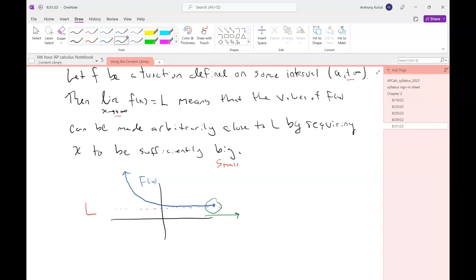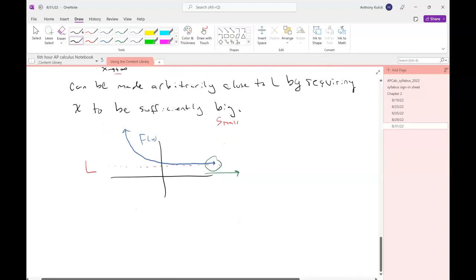Got it. So it's basically just saying the further I go, the closer to L I'm going to get. So this is going to give us our calculus definition for horizontal asymptote.